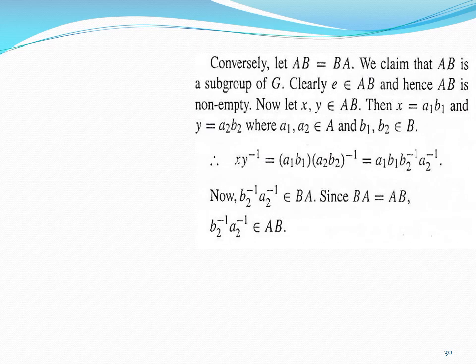Reverse relation, the converse part. Clearly, to prove the converse part, assume that AB equal to BA, and claim AB is a subgroup. So recall the condition of subgroup: let a, b belong to H implies ab inverse belongs to H. Similarly, here we have to prove AB is a subgroup.